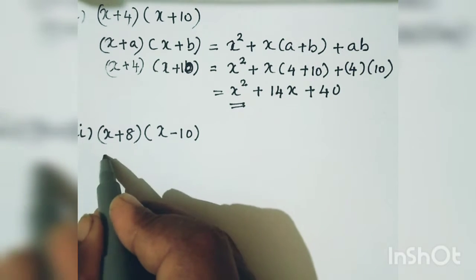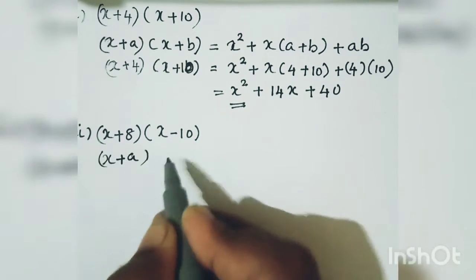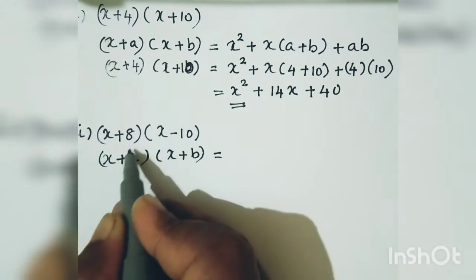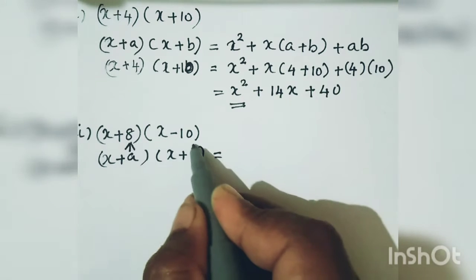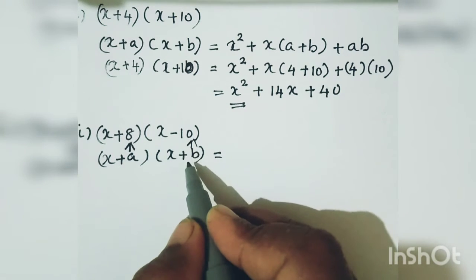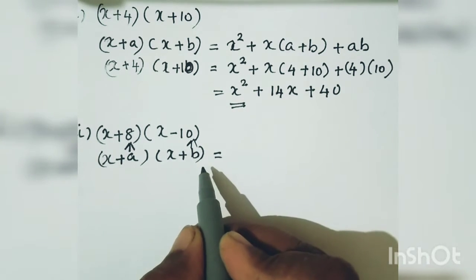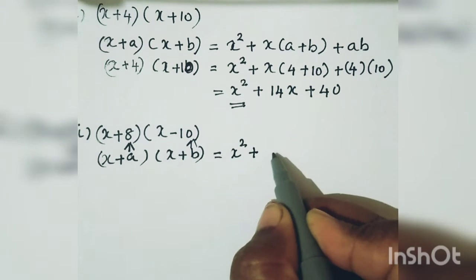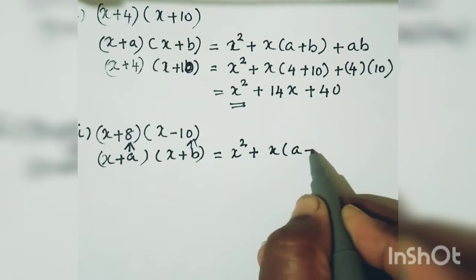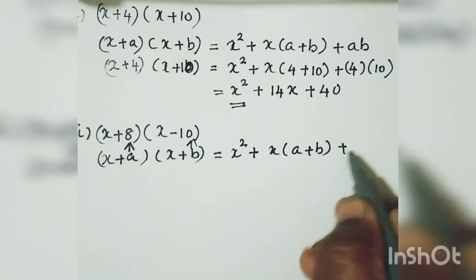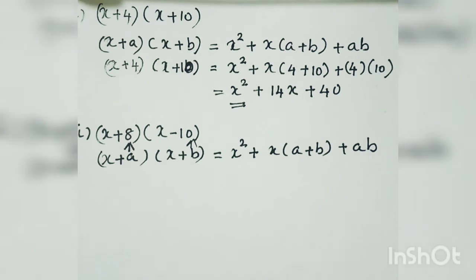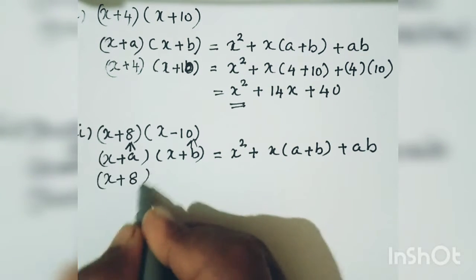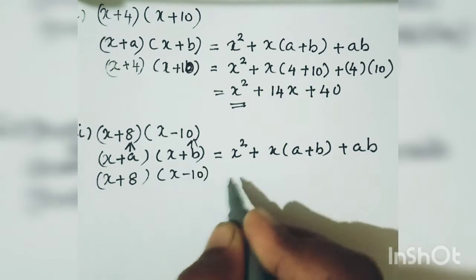So now you see in this example, if I take now x plus a and x plus b, here a value will be 8 and b value will be minus 10. So whenever they give a question related to identity, compulsory you have to write down the identity. Okay. So identity will carry mark.